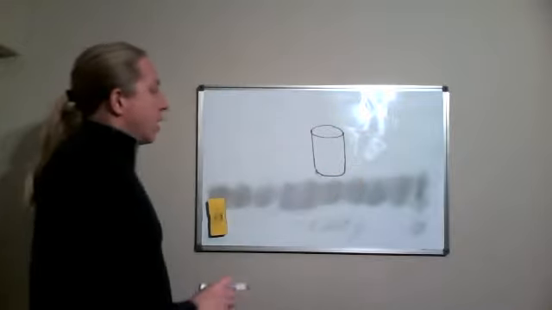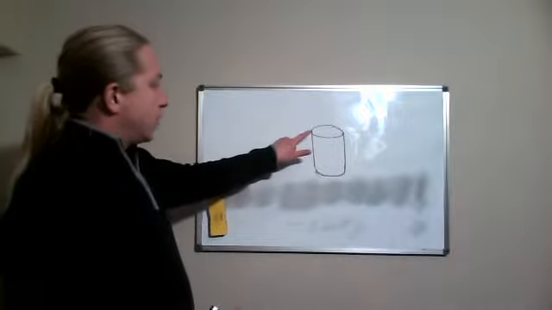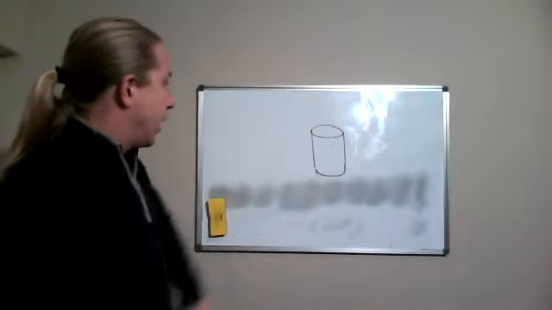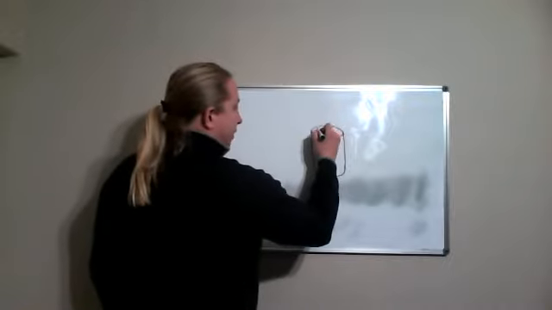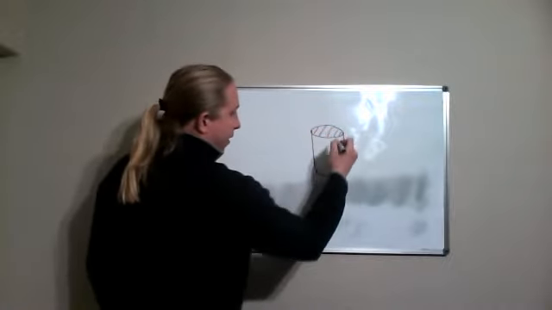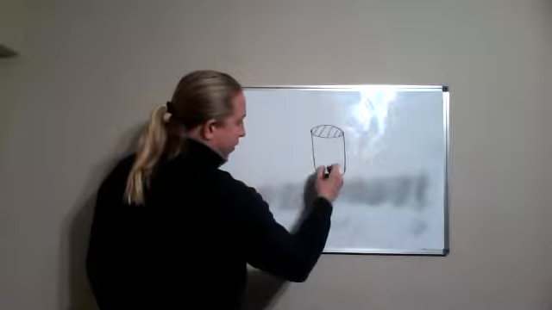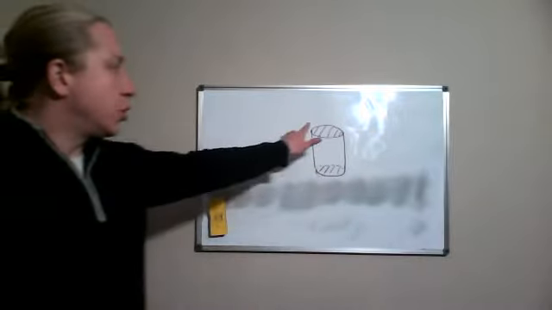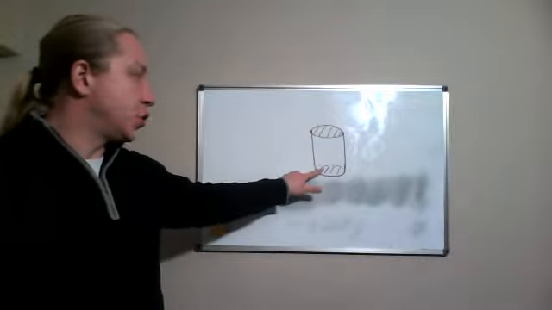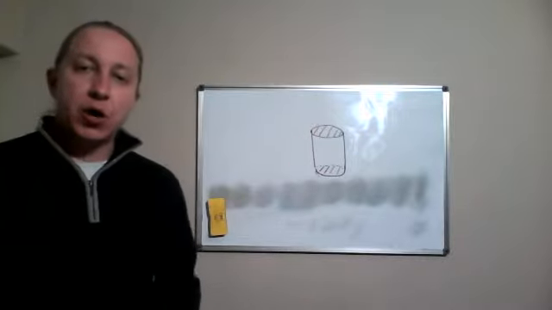The surface area includes this top bit over here and the bottom bit of the circle that it's standing on. Those surface areas are easy because they are circles, and that's just your pi r squared.